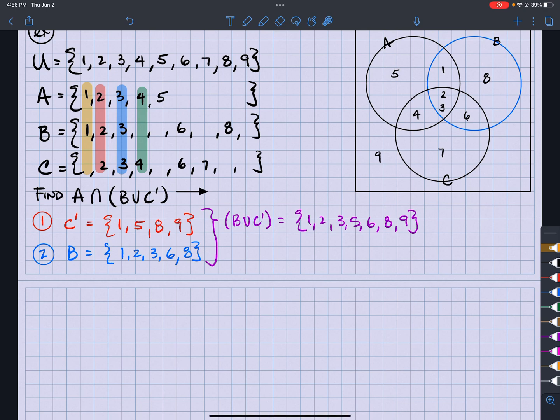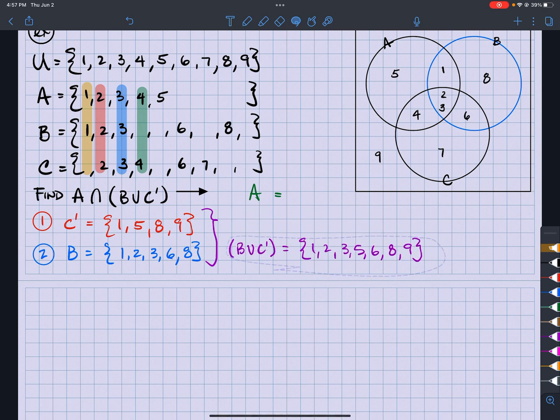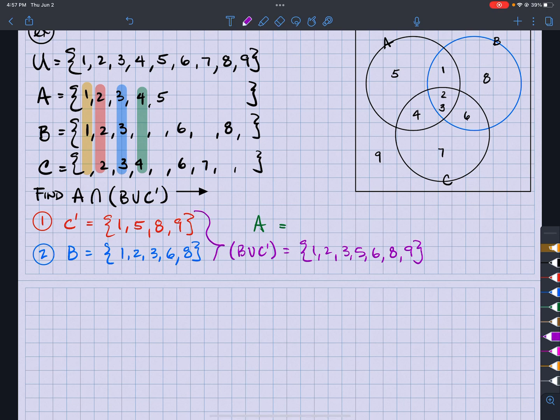All right, so let's take a look at what A might be. Let's bring that down and erase that, and say that this is combined down here.